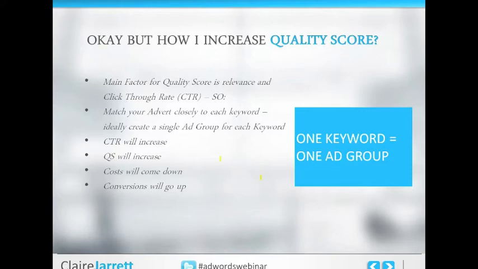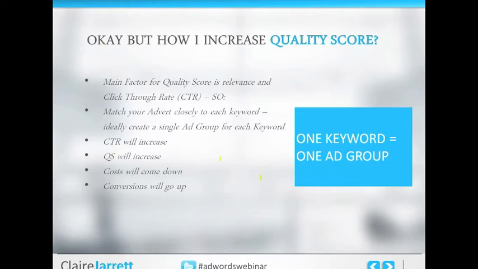We've had people on courses before where, by the time they've finished the course for the day, all they've done is create lots more relevant groups with relevant adverts. Their quality score has gone from 4s or 5s right up to 7s, 8s, even by the end of the day on the course.